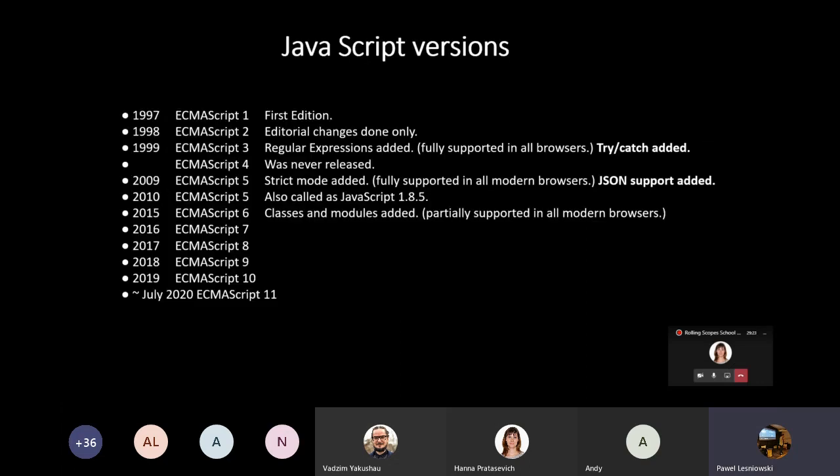So, JavaScript versions. There are a lot of them already. First was, as I mentioned in the very beginning, in 1997, the first official version of the language. Then there were some changes, but at least from my perspective, the biggest changes happened in ECMAScript 6, when they added classes and modules.